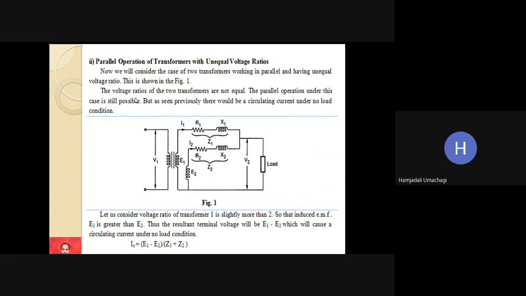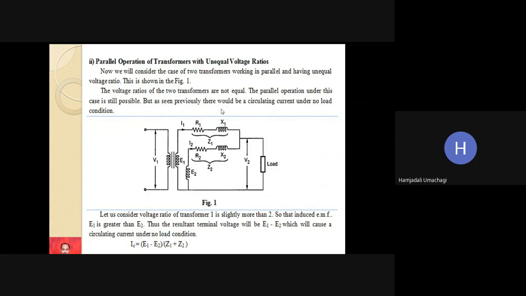Voltage ratios of the two transformers are not equal, but parallel operation under this case is still possible.